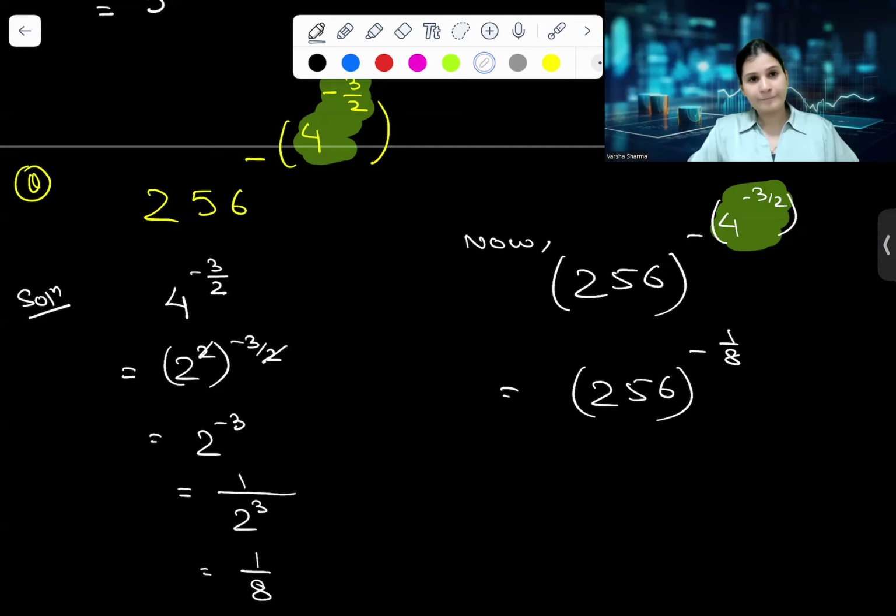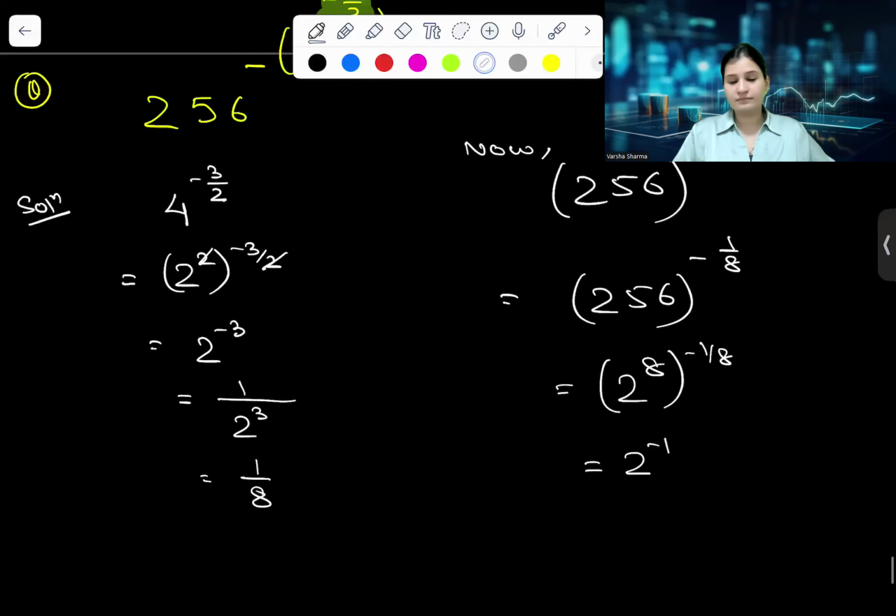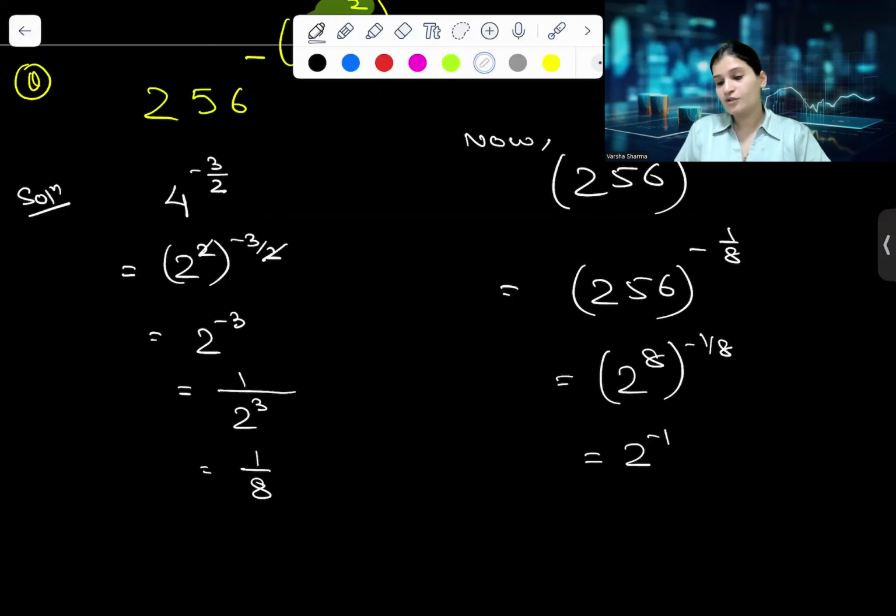Yes, ma'am. 256 can be written as 2 to the power 8. So now 8 and 1 by 8 gets cancelled. We are left with 2 power minus 1, which is equal to 1 by 2. Any doubts? No, ma'am.